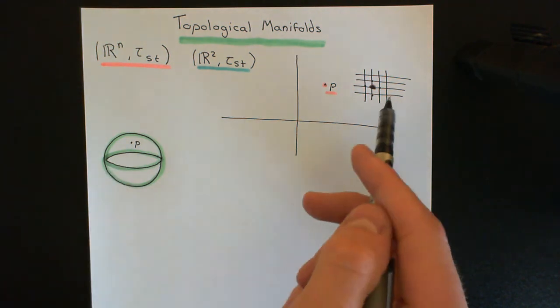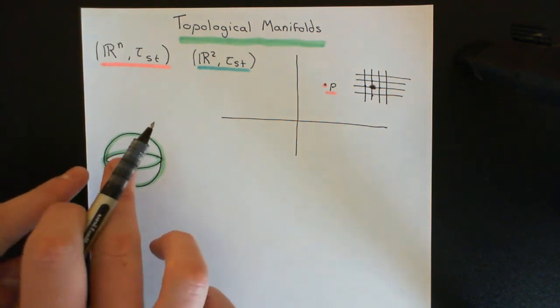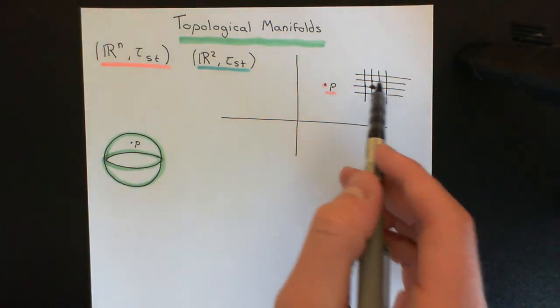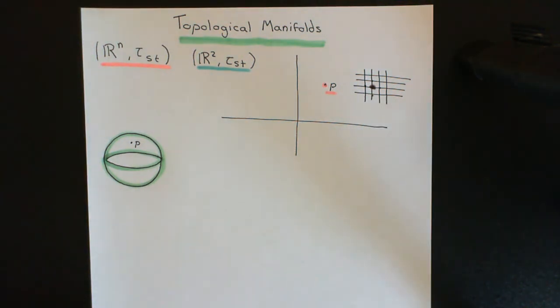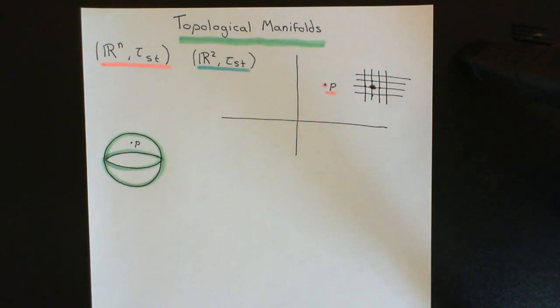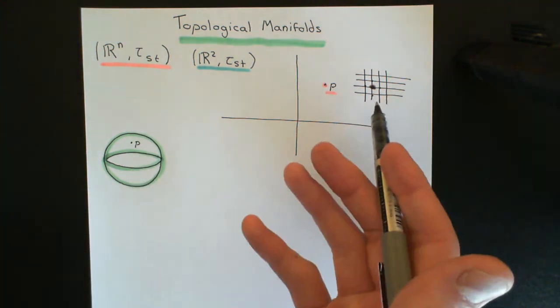Well, I claim that the picture would look exactly like this, and I hope that's intuitive to you. If you were to zoom in, it would just be a nice little lattice like this with the point connected to its neighbours. It would just be a nice lattice of squares like this. So locally, this one looks very similar to this one.